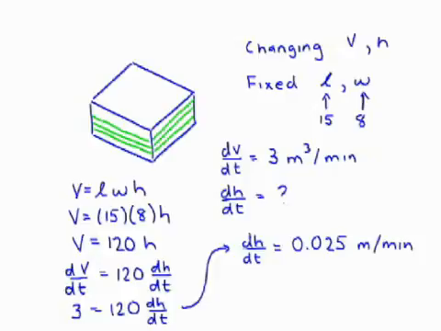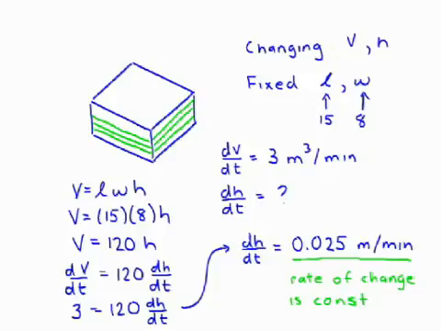What you'll notice is that expression doesn't have a value of h that I must substitute in such that I can find a particular rate of change for a specific height. My rate of change in this case is constant. So when I'm asked how fast is the depth of the water increasing when the depth is 0.4 meters, my answer is 0.025 meters per minute.